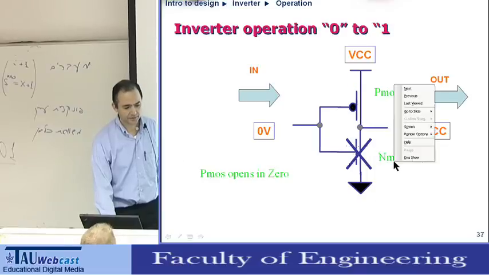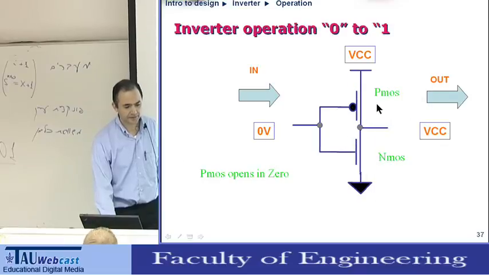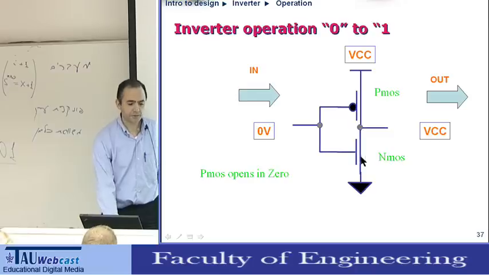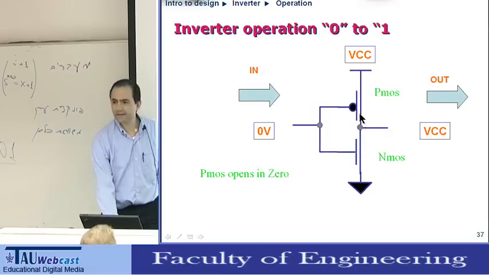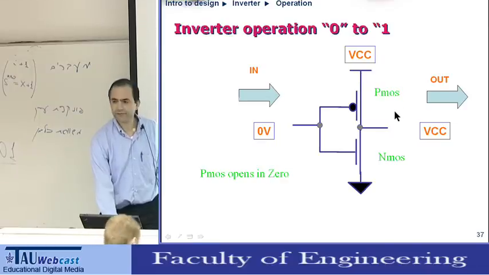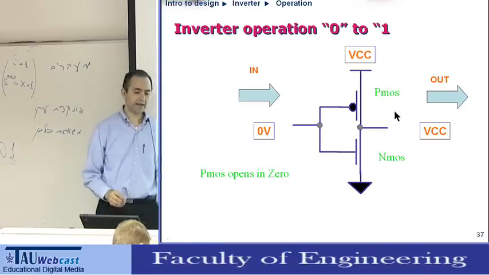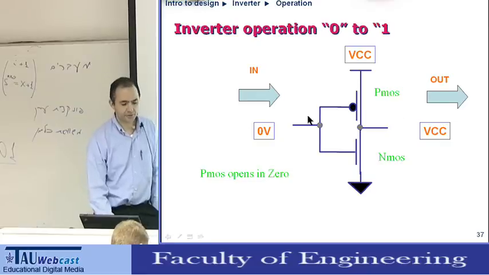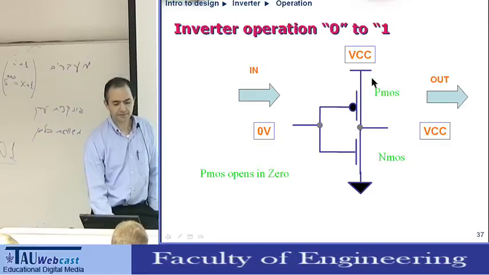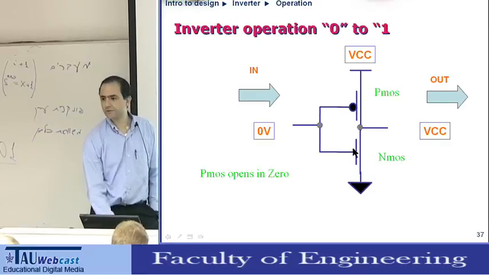Yes, so let me just show you here. What we can see is that in any case, one of these transistors is not conducting. So in standby mode, when the inverter is not switching, we will have zero current because one of the transistors will be shut off.